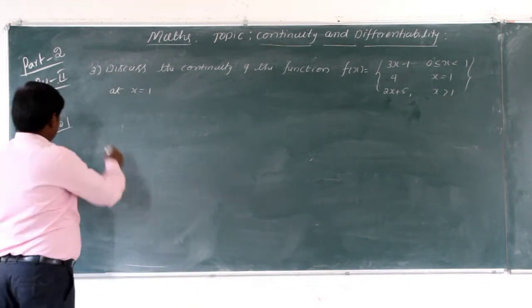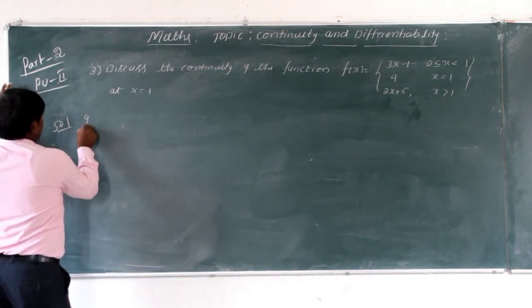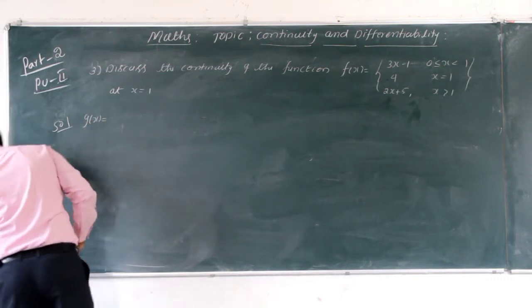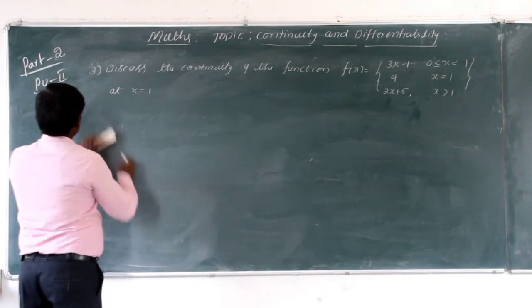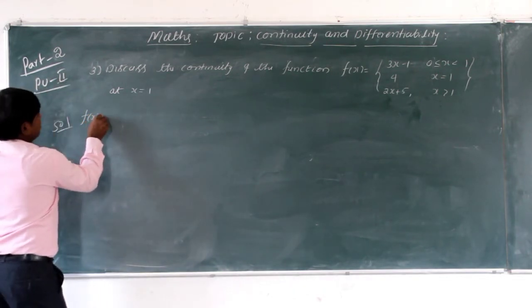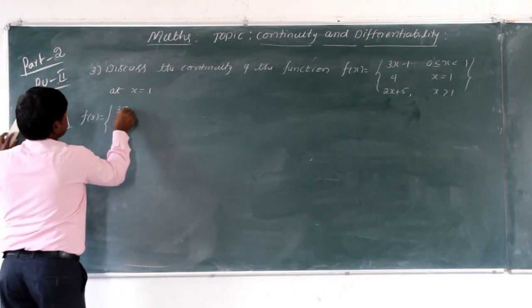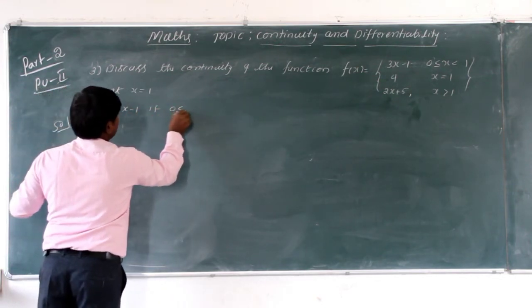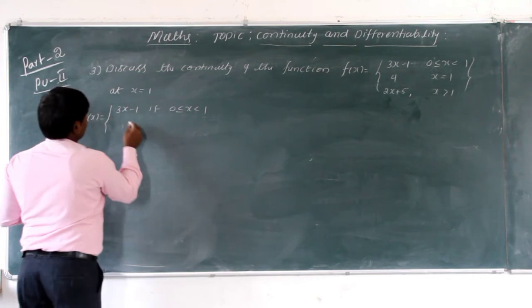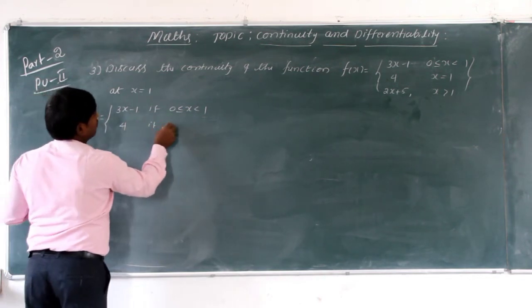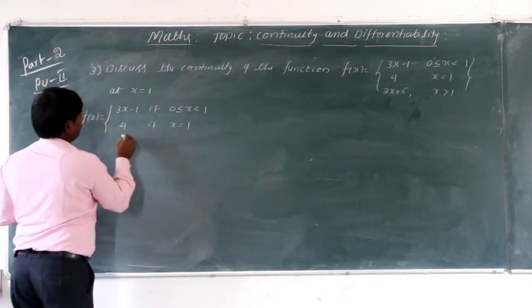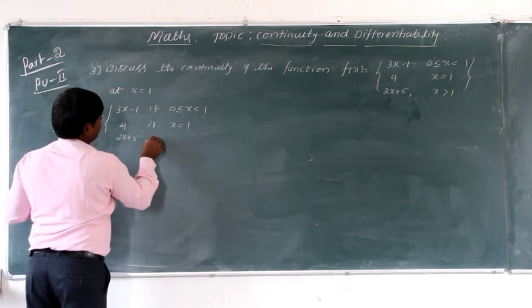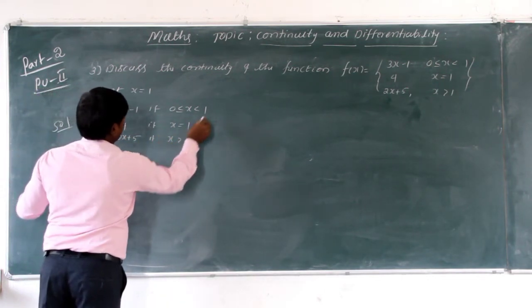So solution. The given function f of x is equal to 3x minus 1 if 0 less than or equal to x less than 1, 4 if x is equal to 1, 2x plus 5 if x is greater than 1.